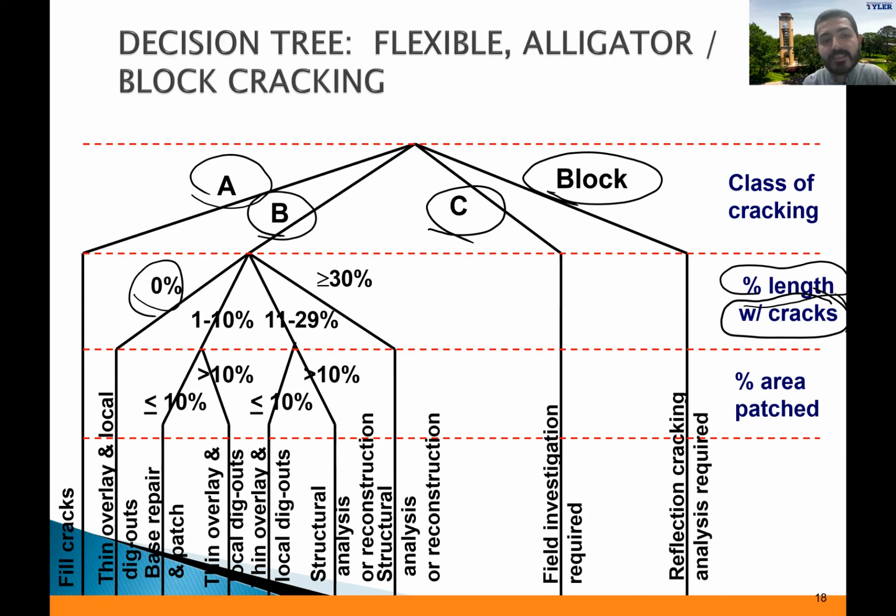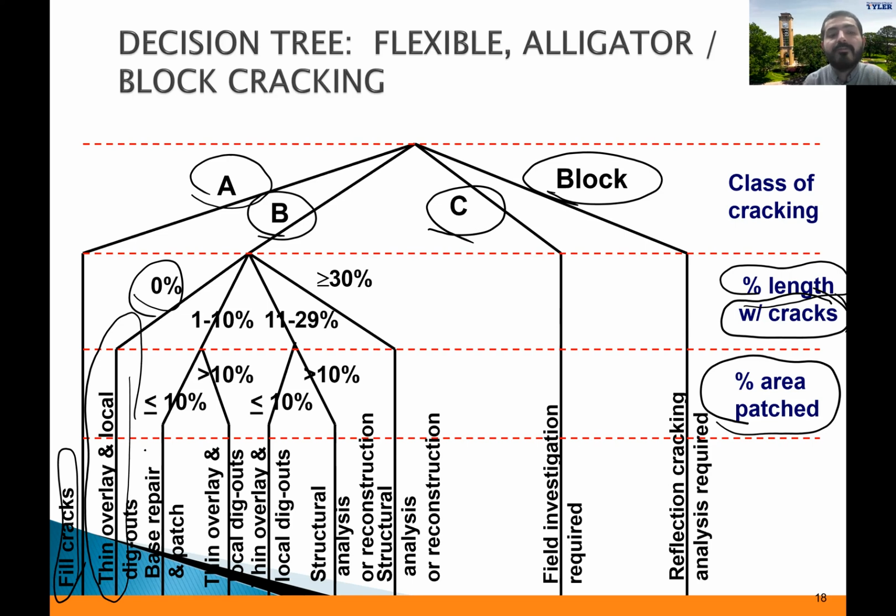So if it's 0%, that's a very thin overlay. If everything is very minimal, like the area patched is also less than 10%, then you can simply just fill the crack or do a very thin overlay.